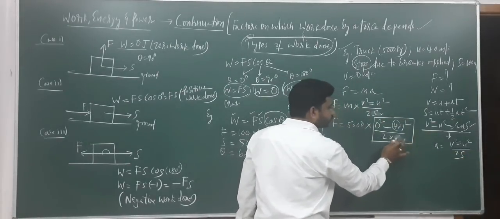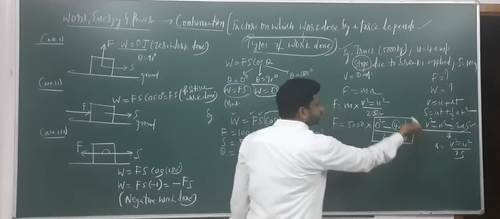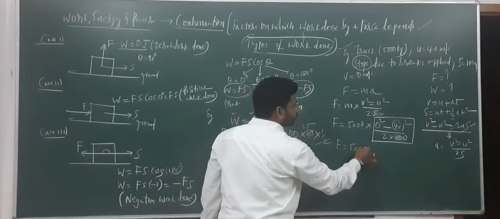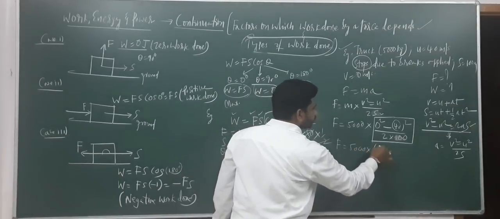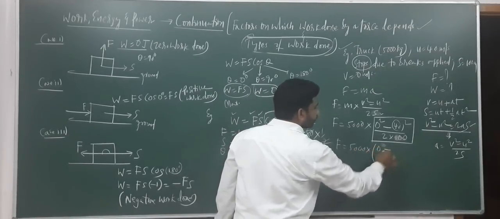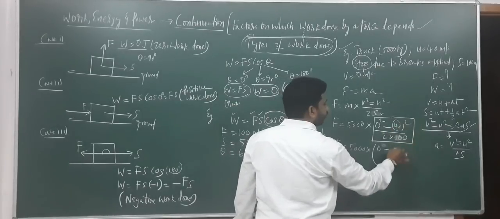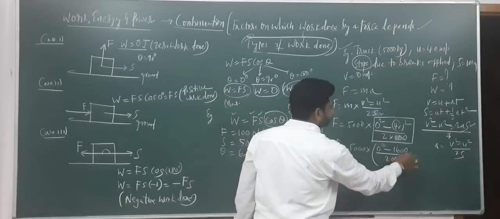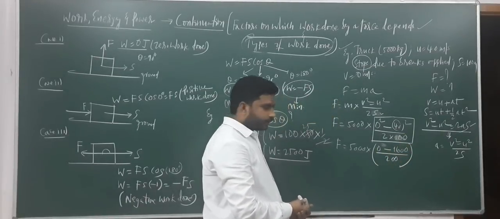So this s also is given as 100. Concentrate on this part. So your F is equal to 5000 into 0 square, it's 0, minus 40 square, it's 1600, divided by 200. Clear?